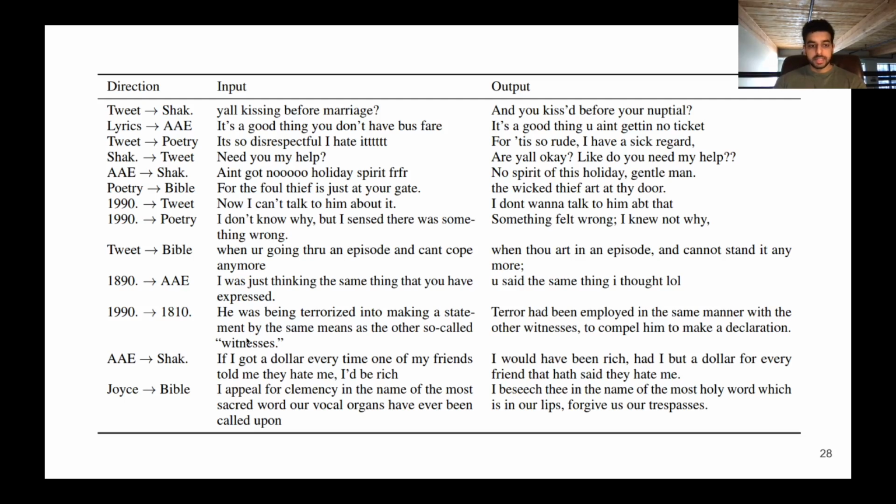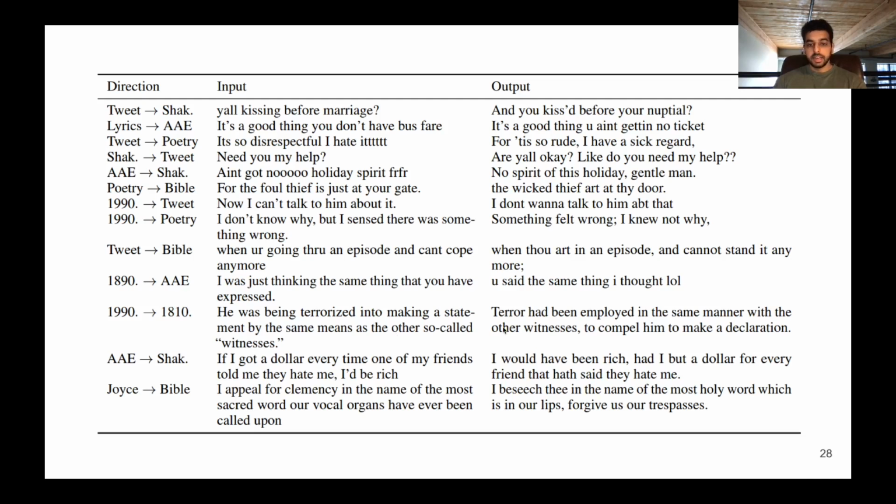As an example, let's take a look at this one. This is translating a sentence written in 1990 to the common writing style of 1810, in America. "He was terrorized into making a statement by the same means as the other so-called witnesses."